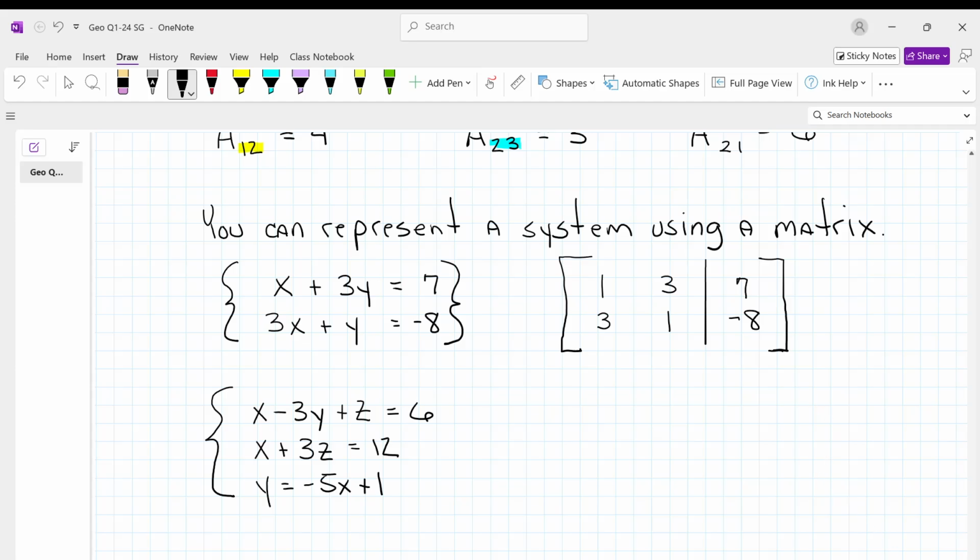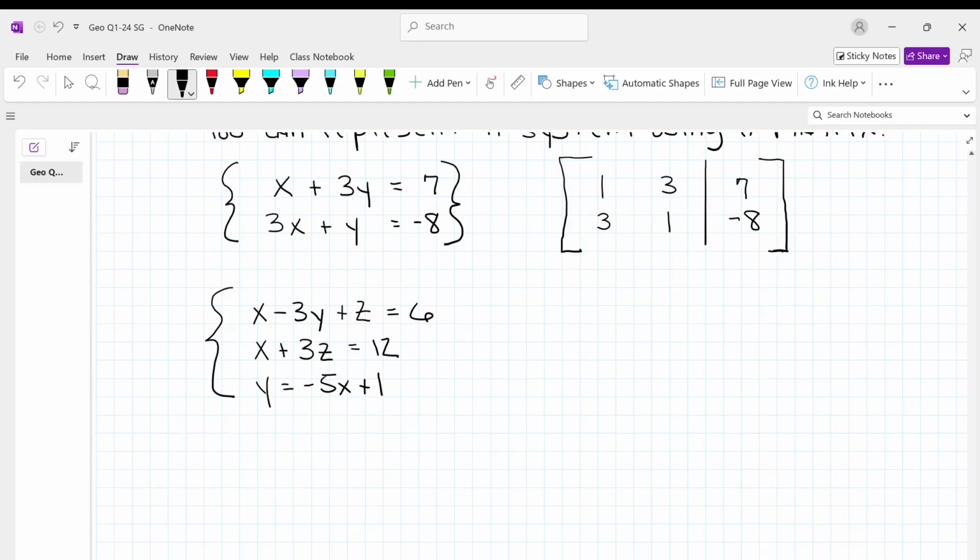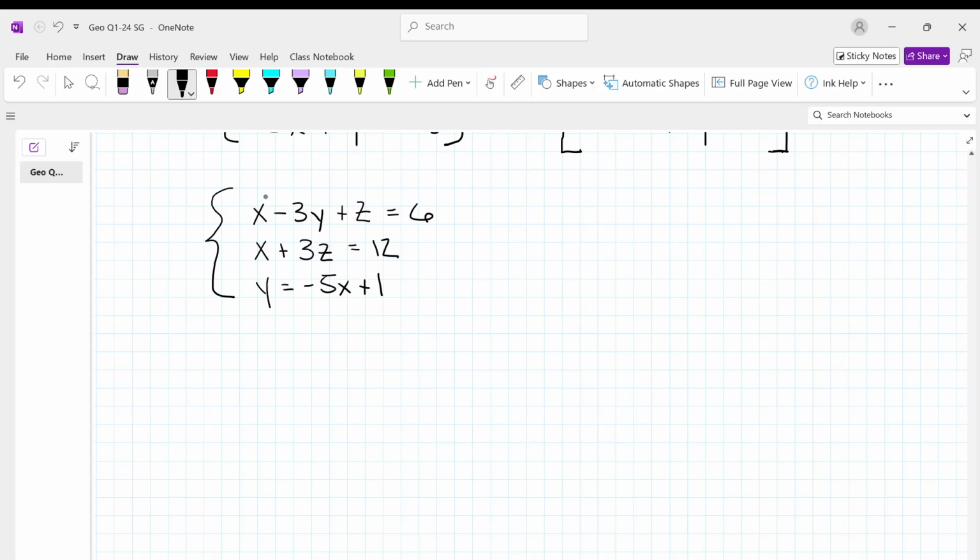This is where you need to be a little bit careful. We want everything in the order x, y, z, equal sign, constant. So the first equation is good. We've got an x, minus 3y, and a z, equals 6.